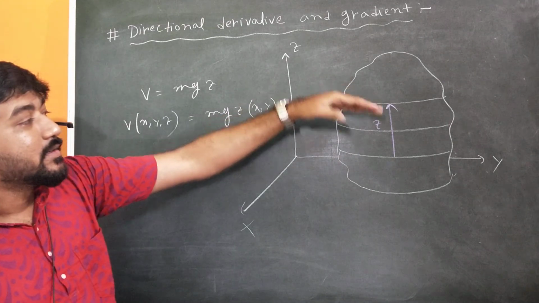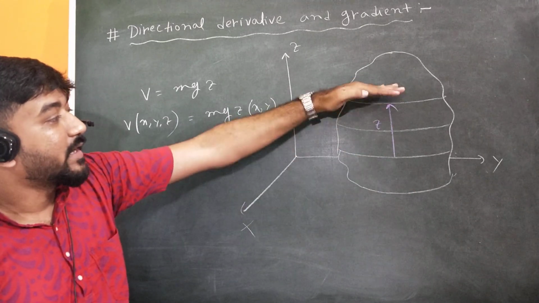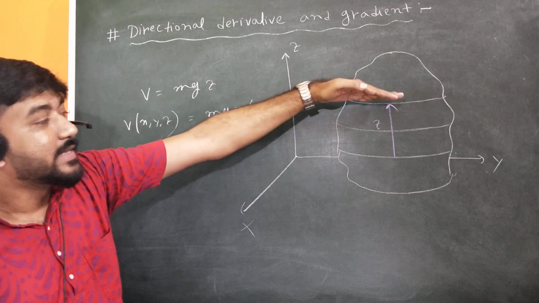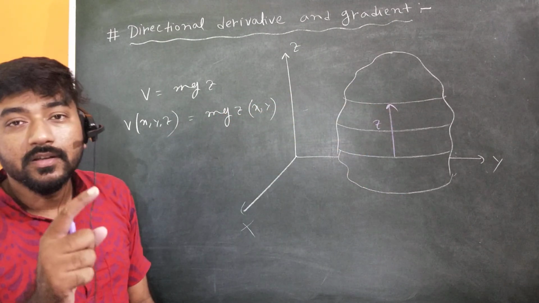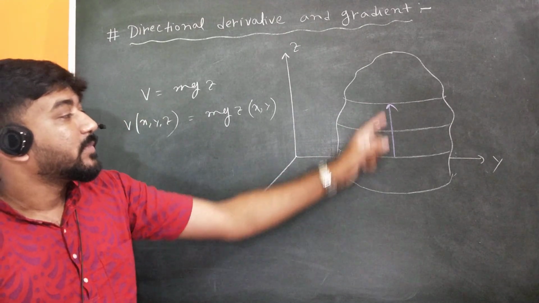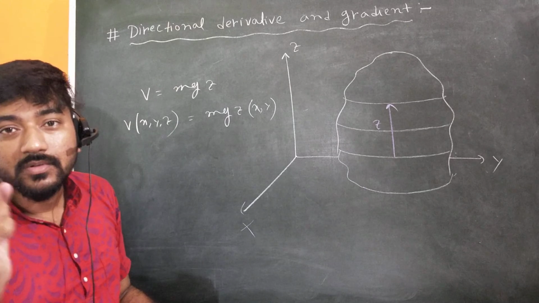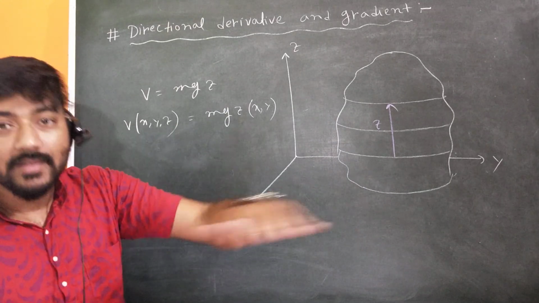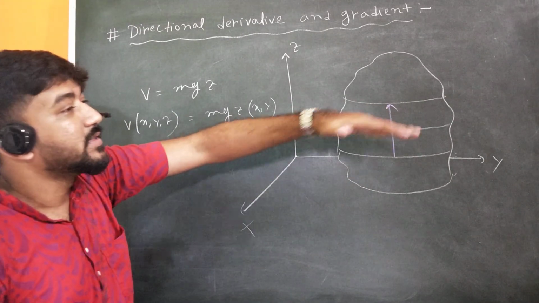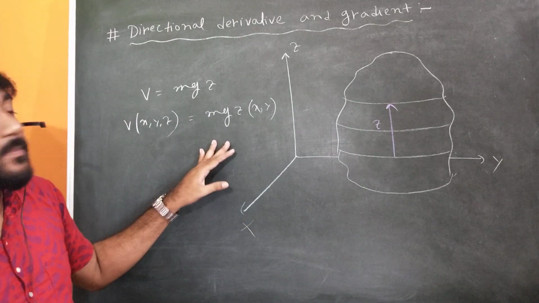If you take a boundary at a particular height z from the xy plane, on the hill, and connect all the points which have the height z with respect to this xy plane, then that curve will be the boundary of the level surface, because if you take the cross section along this curve, you will get a level surface on which at each and every point the potential is the same.